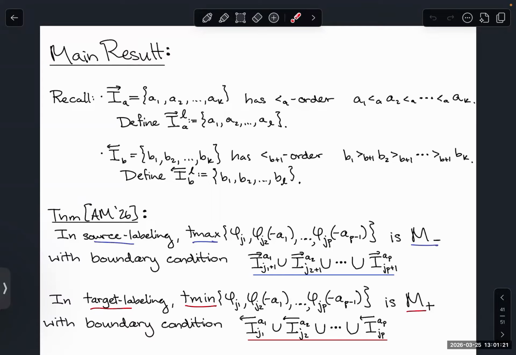And again, this is the reason why we needed the sum of the AI to equal k, because that gives us a matching with boundary condition of size k. Similarly, when we think target labeling and we take translated minimums, the resulting height function of the T-min gives us the maximal matching with the boundary conditions being read from the reverse Grassmann necklace pieces.